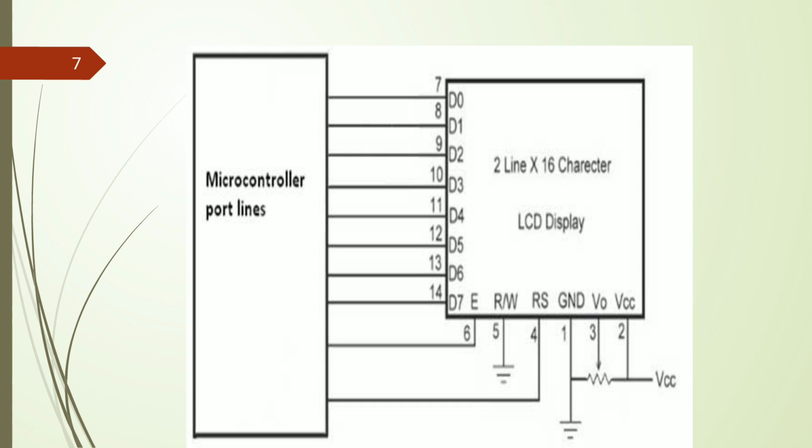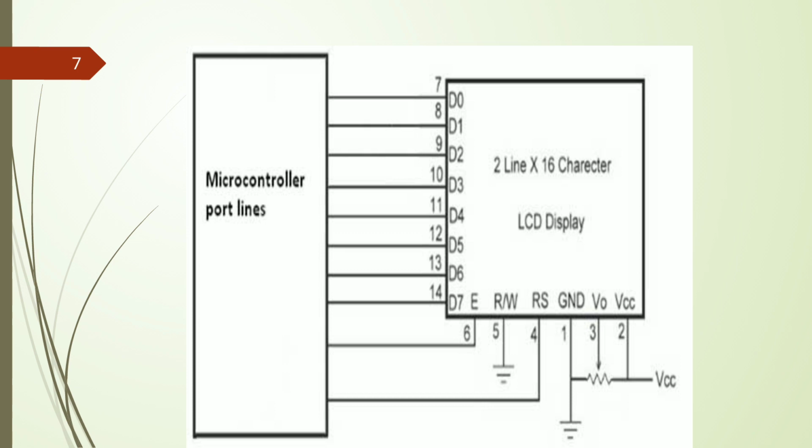Out of that, the first pin is connected to ground, the second pin is connected to VCC, and the third pin is used along with a potentiometer or variable resistor, or simply the pot, trimmer, etc., for adjusting the contrast of the LCD characters. The characters to be displayed on the LCD, their contrast or brightness, is adjusted with the help of this pin number 3.